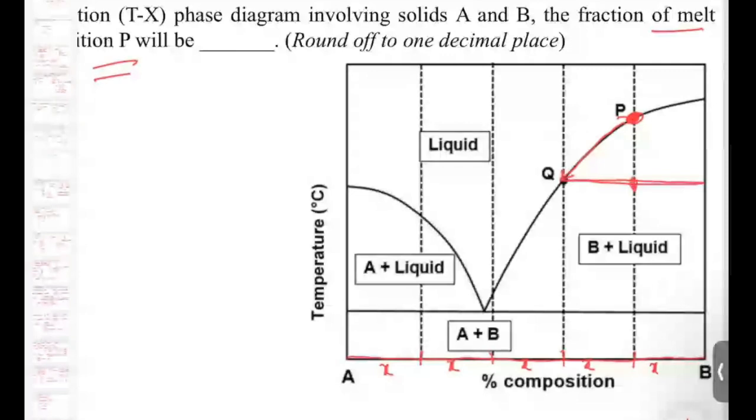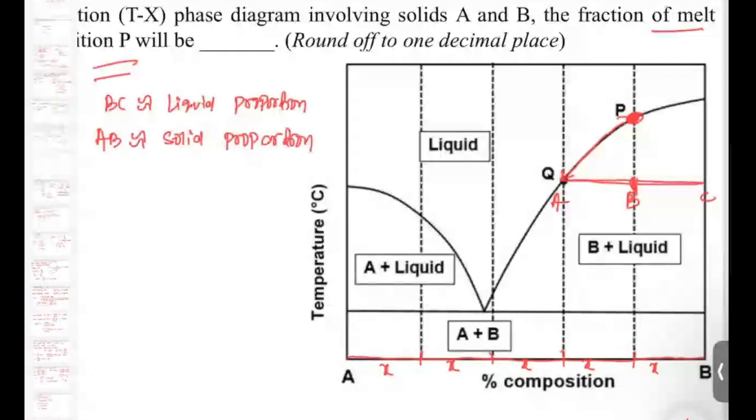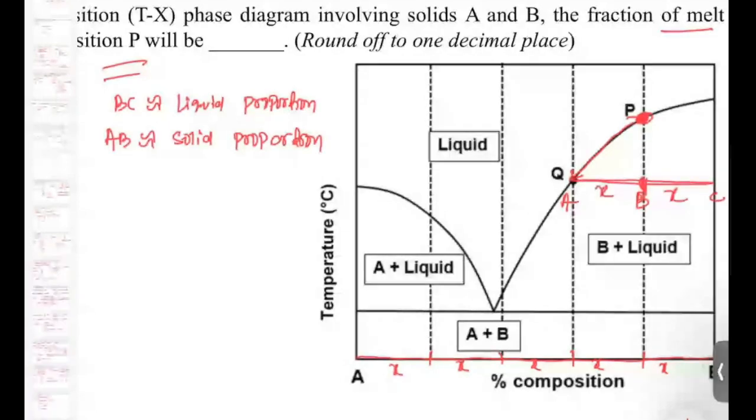This is A, this is B, this is C. The part which is presented as liquid will be BC, this BC will be equivalent to your liquid portion, and AB will be equivalent to your solid proportion. So this will also be x, this will also be x.